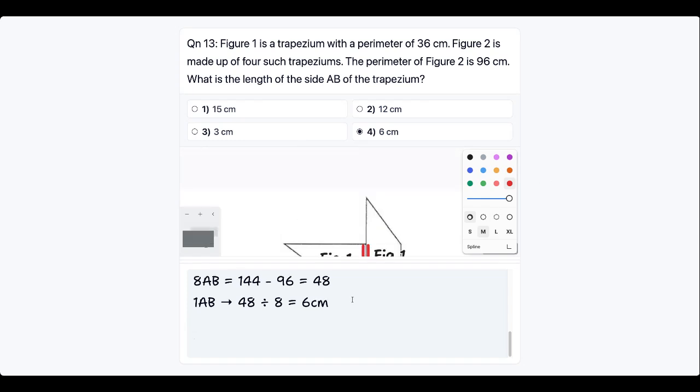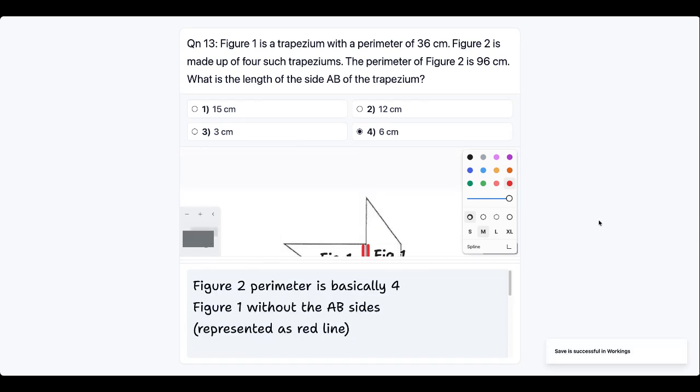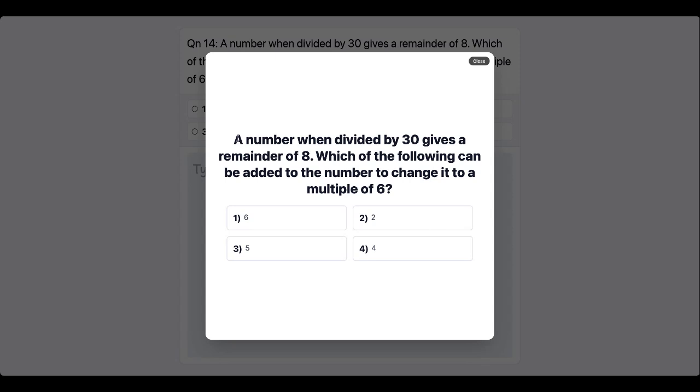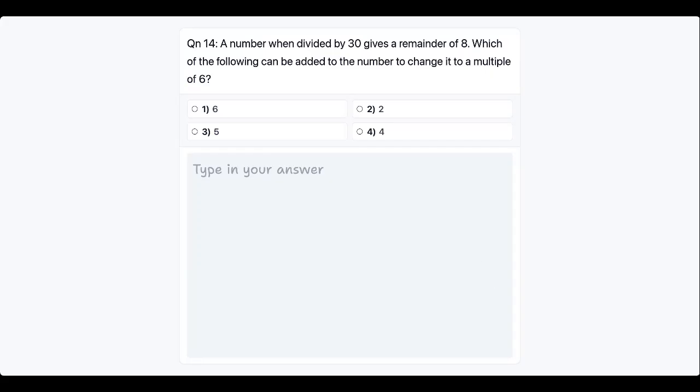All right, let's move on to the next question. Question number 14. A number when divided by 30 gives a remainder of 8. Which of the following can be added to the number to change it to a multiple of 6? Okay, so let's put it simply. So you have a number divided by 30.